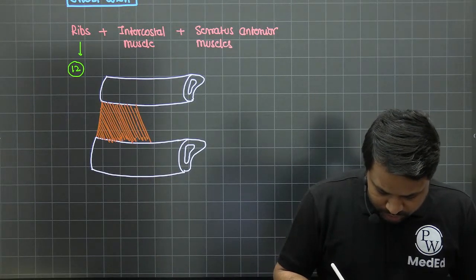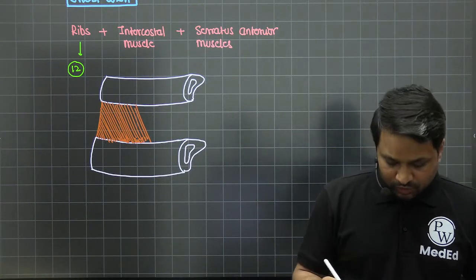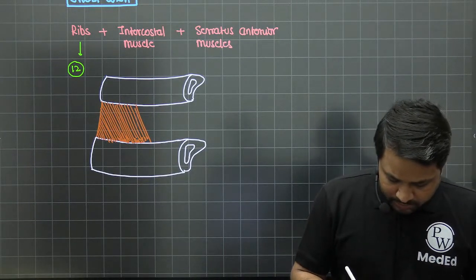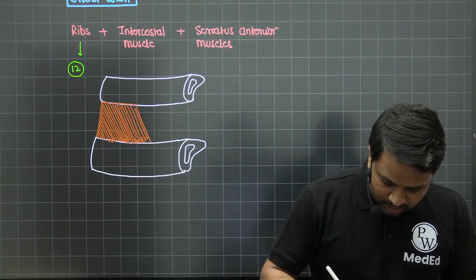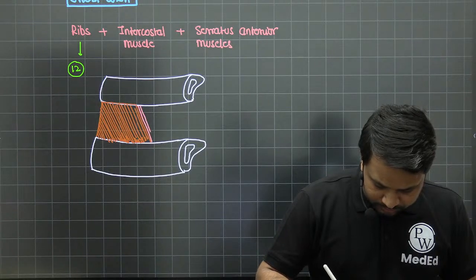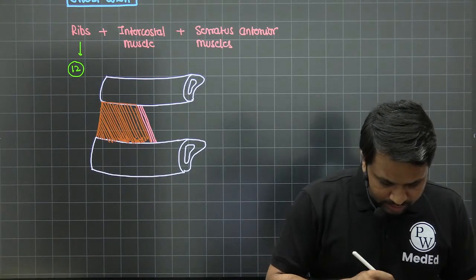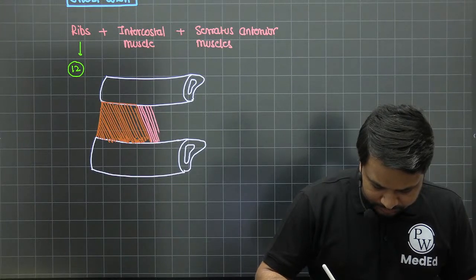So just to be clear, when you flip this external intercostal muscle off, you have the next set of muscle. This is the internal intercostal muscle, which is here.